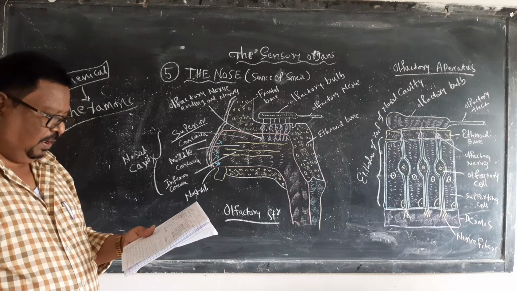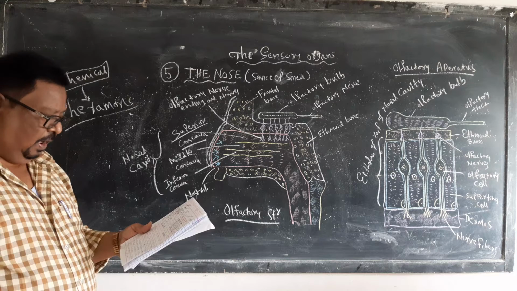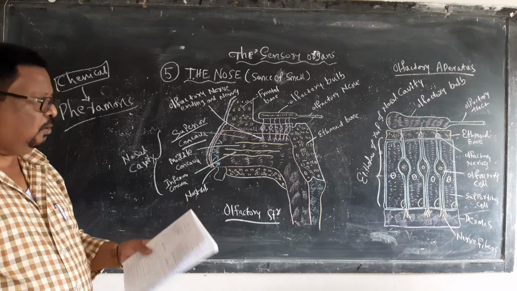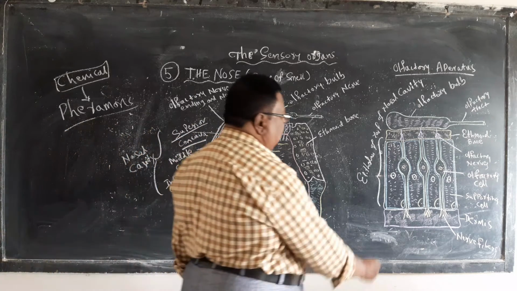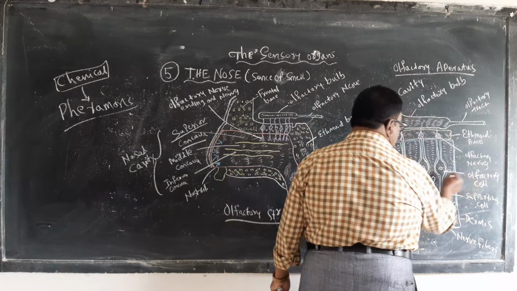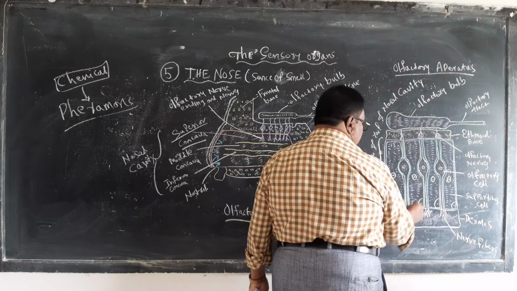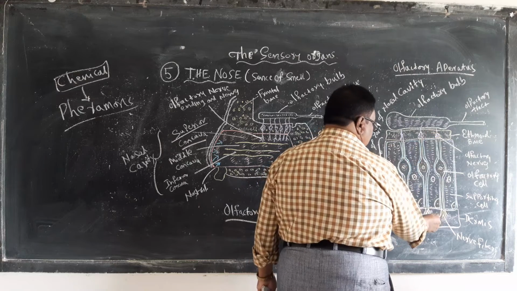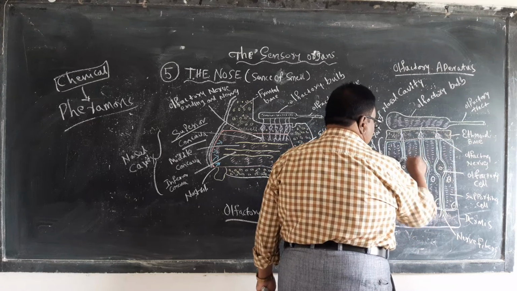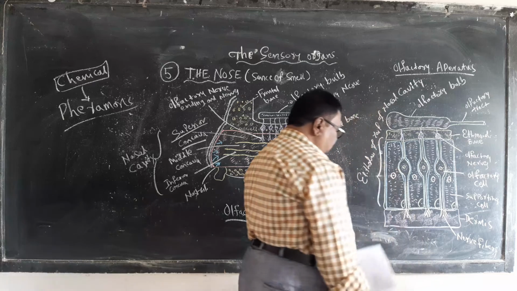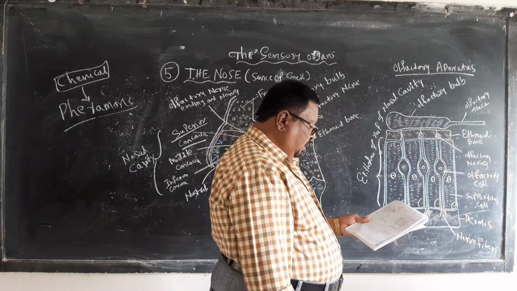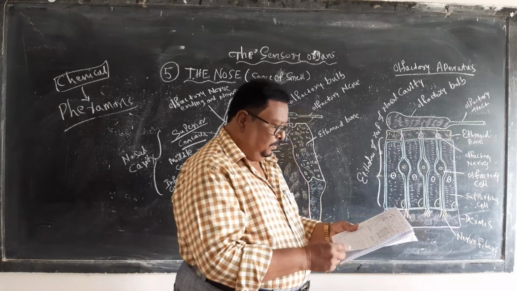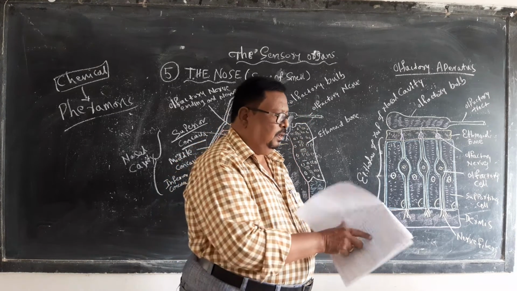Each olfactory receptor cell consists of a cell body and two processes, that is, it is a bipolar cell.